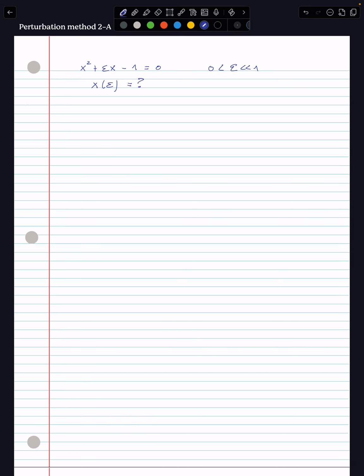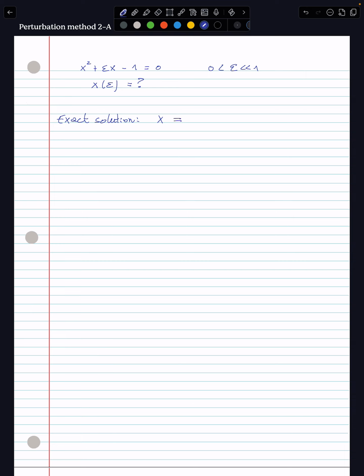Okay, why is it a very good problem to start with? Because we can cheat, and well, I don't know whether this is really cheating or not, but we can definitely write the exact solution of this problem. The exact solution to that problem is something we can easily get just using the rule of the discriminant.